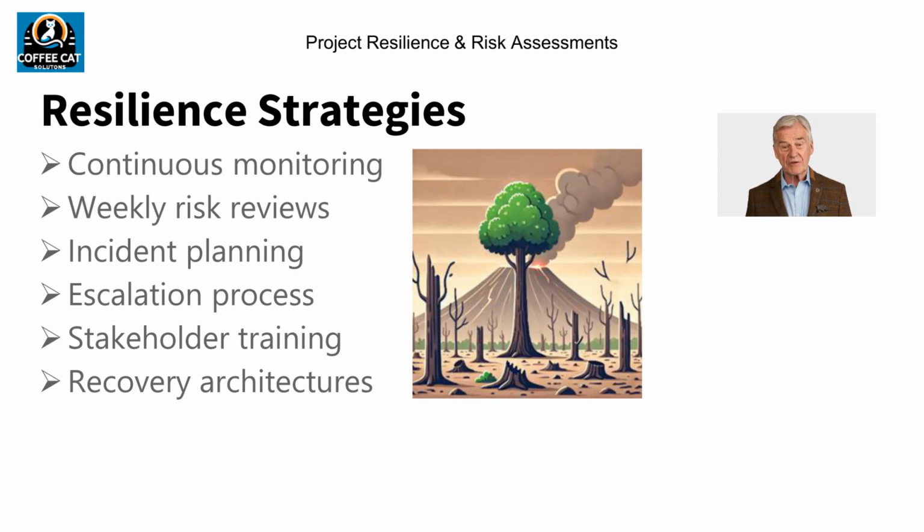Project resilience can be built through good project governance and processes. Examples of resilience building strategies, some of which have already been mentioned, include continuous risk monitoring for early identification and solutioning, weekly risk improvement reviews for transparency and decision-making, contingency and incident planning for anticipation and rapid response, escalation processes creating transparent and rapid response, stakeholder training to improve participation, communication, and collaboration, recovery architectures, such as versioning applications, backup and recovery, disaster recovery, and failover capabilities.